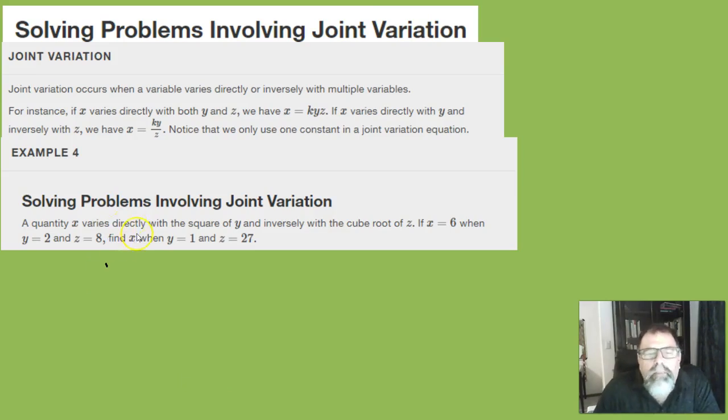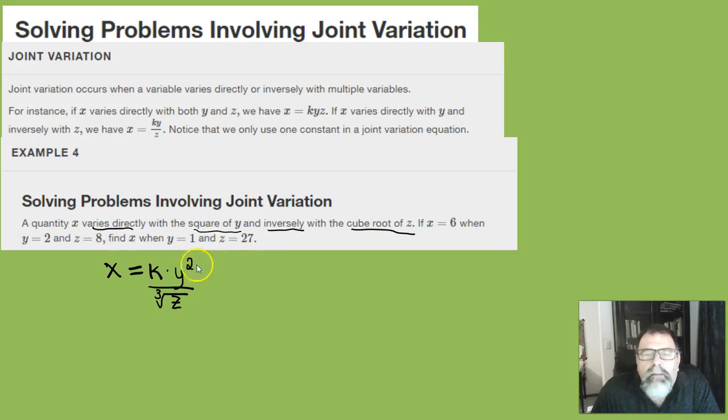First, write down the model that we're describing. So x varies directly, so that's multiply, with the square of y. So that's y squared. And inversely, so that's divided by the cube root of z. So this is the model that we're using for this variation problem.